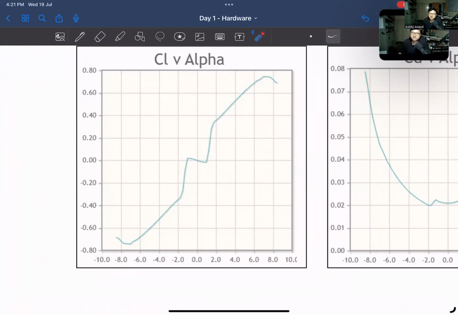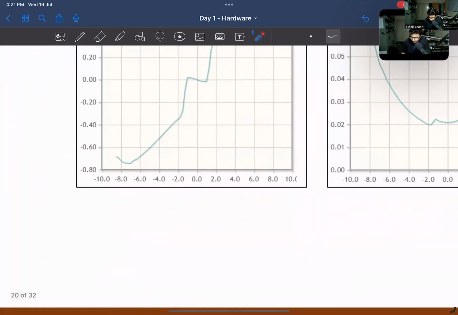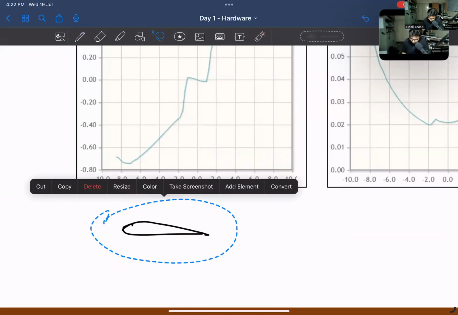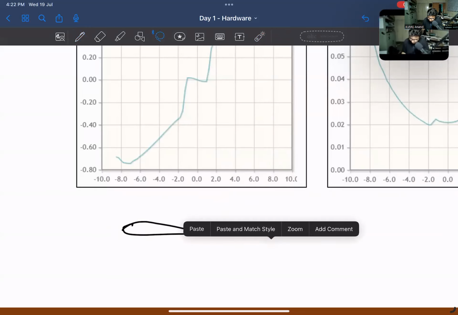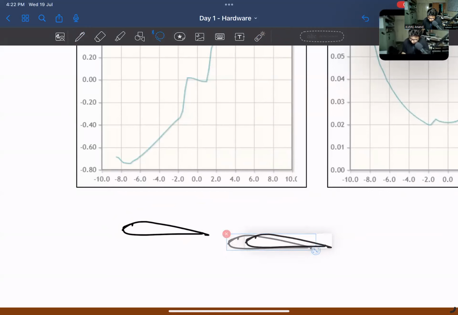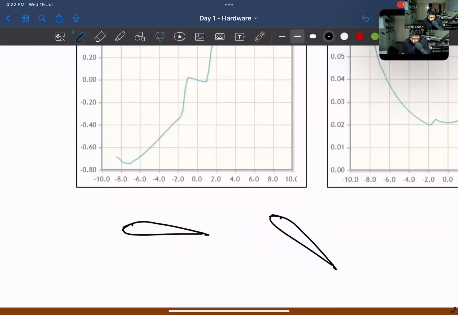But just to give you an intuition of what is happening, there is going to be an inclined airfoil like this, and I'll just copy the same airfoil, but this time I'm going to tilt it. Okay, and this is the oncoming flow.